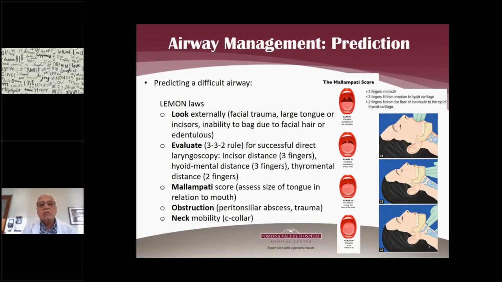Number one is where you look at the throat, opening it if possible. Sometimes in an emergency you may not have the chance, but you can very simply look at the Mallampati scoring or class. And there is also the 3-3-2 measurement: if you can put three fingers in the mouth, and there are three fingers between the mentum and the thyroid cartilage, or two fingers between the hyoid and the floor of the throat.